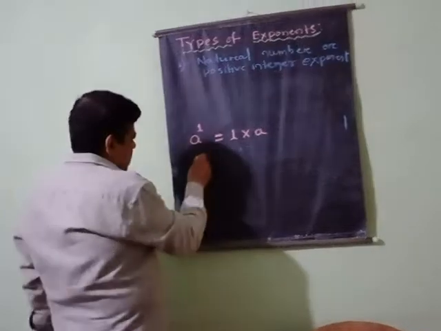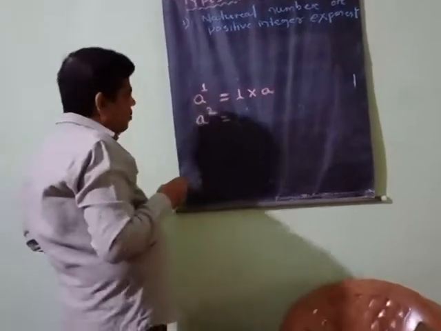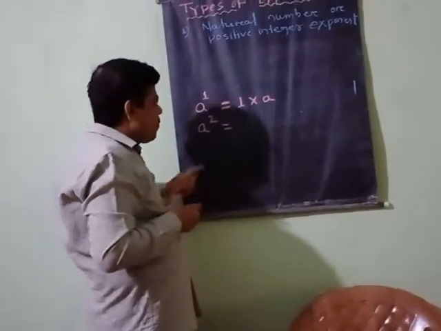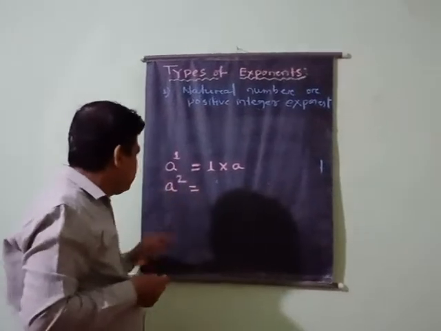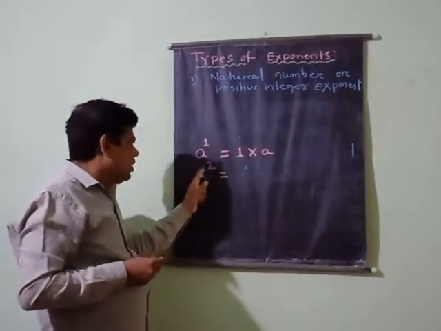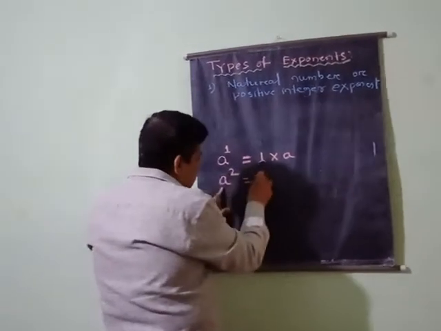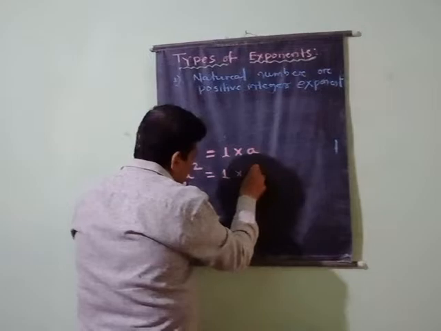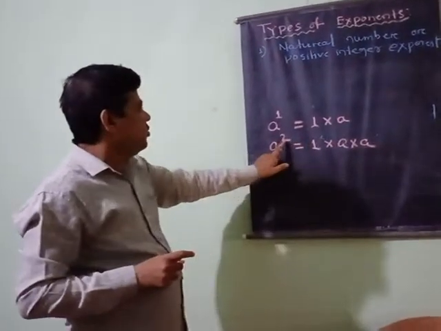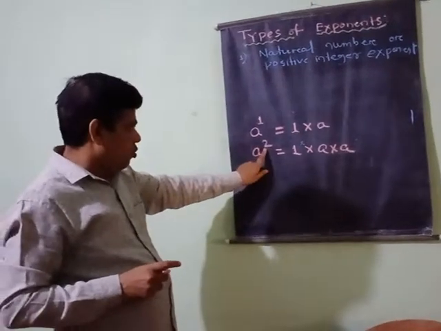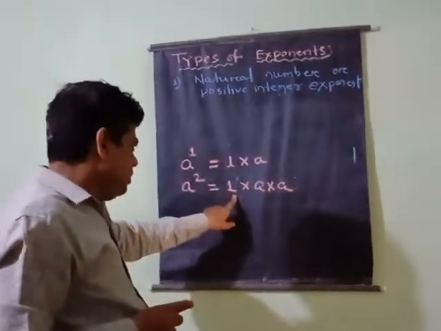Understand? Similarly, if I write a to the power 2, a square, we can say a square is also an exponent whose power is 2, index is 2, base is a. Similarly, a square is an exponent obtained when the base a is multiplied by 1, how many times? 2 times, because the power of a is 2.